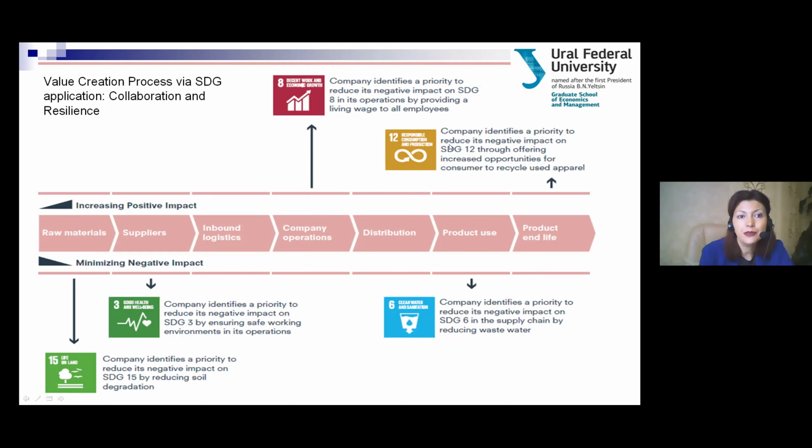Then, for example, company operations, decent work and economic growth. It sounds obvious, but well, company should identify priority that in their operations, they provide living wage to all employees.